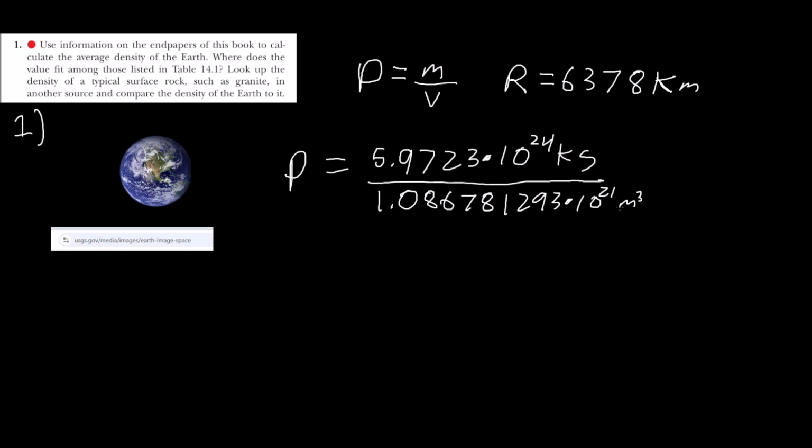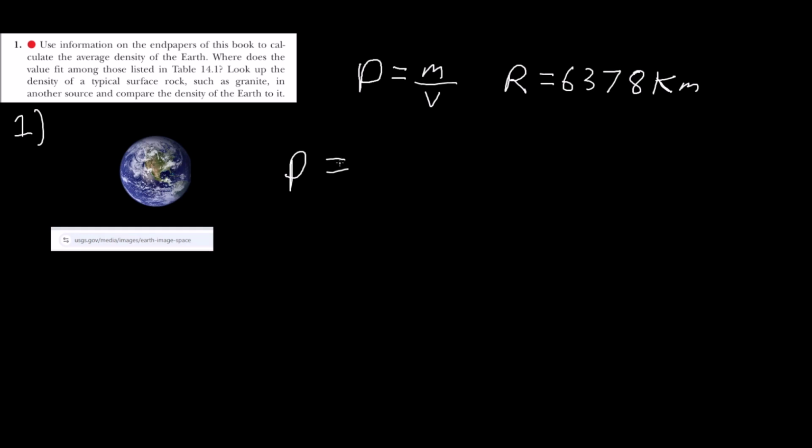Once you put this in the calculator, approximately 5495.40, I'm just going to round here, kilograms per meter cubed. There's the density, folks.